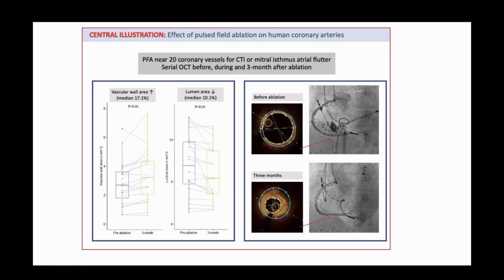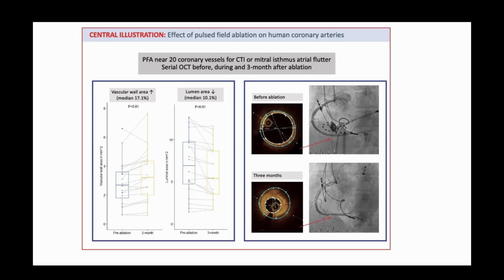RFA has a lot of safety data to back up its long-term safety around the coronary vessel, but we do see rare cases of RFA causing coronary spasm or even long-term coronary stenosis. So based on these data, we cannot conclude whether PFA is safer or less safe compared to RFA.